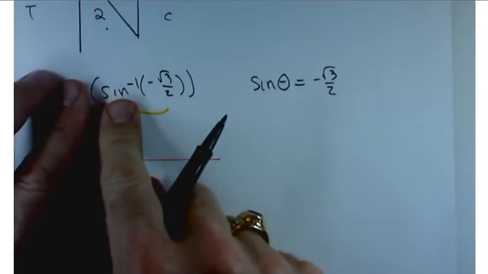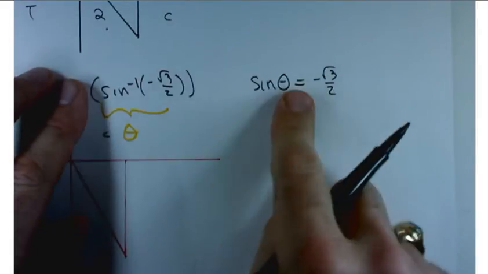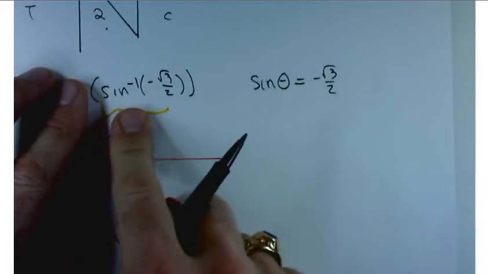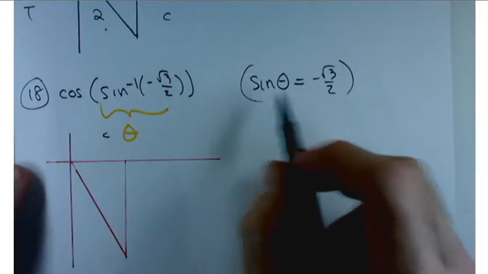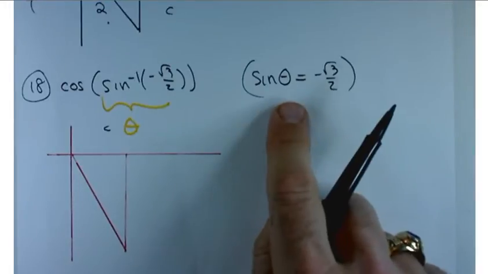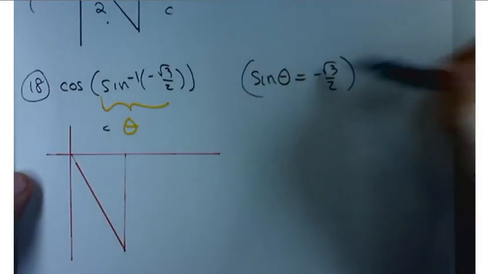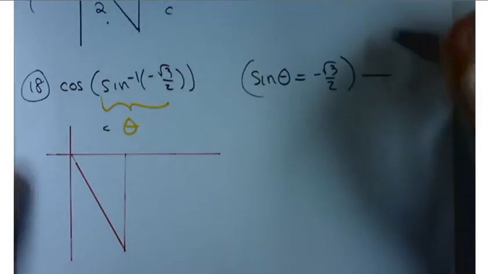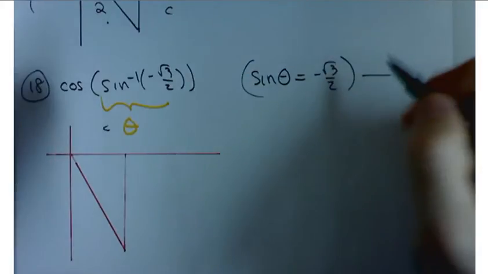These two statements, this equals this, they're equivalent. It's important to realize what this is telling us. I want an angle whose sine is negative root 3/2. So now fill in your SOHCAHTOA stuff. Which side is which? Hypotenuse is 2.